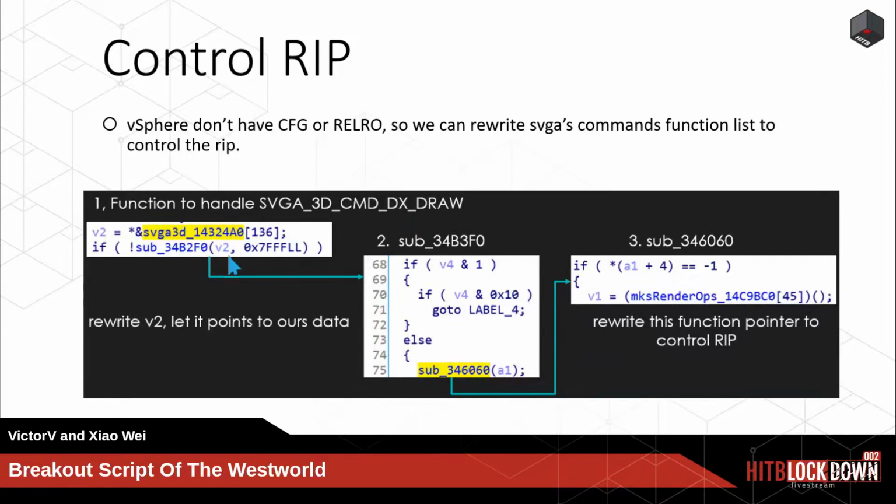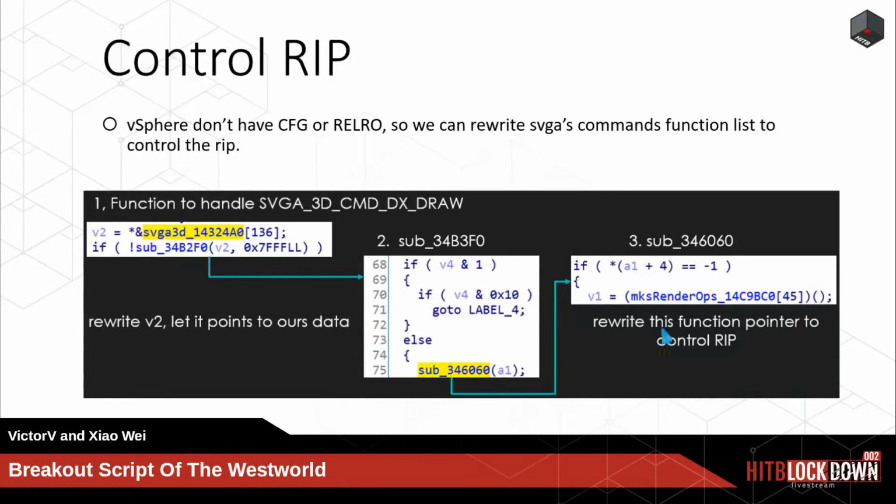Then it will call this function, and this function, and this function. And the RDI is equal to A1.